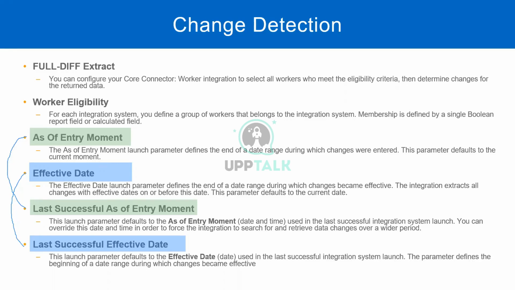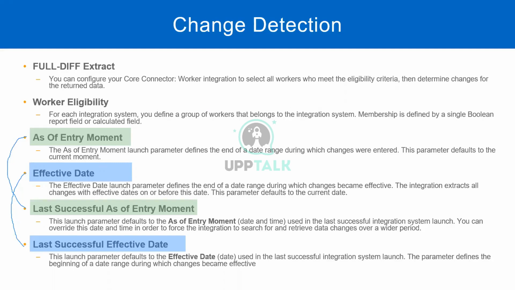Effective moment is 28th of April. Now think about that scenario when I had made an entry on 28th of April with the effective date of hire of 1st of May. Will that worker be considered in this integration run? Will we consider that worker?